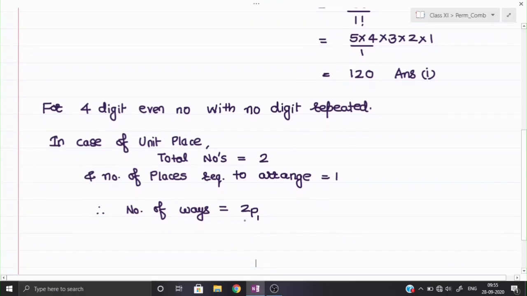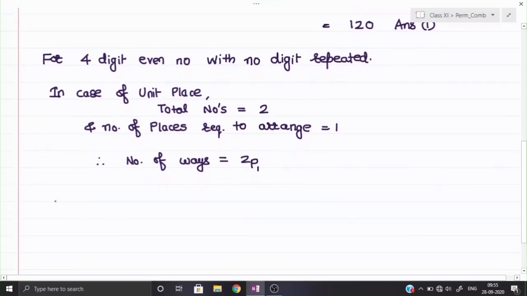Okay, now for the remaining 3 places, the total numbers we have, actually the total numbers are 5. But 1 will be utilized at the unit place, so total numbers are here 4.